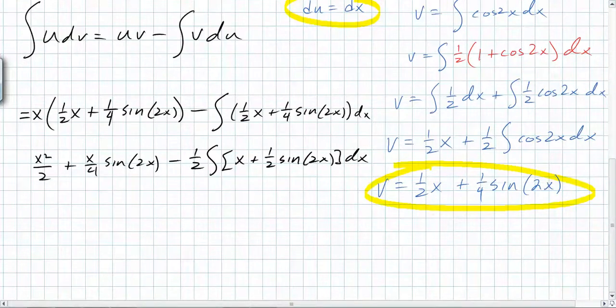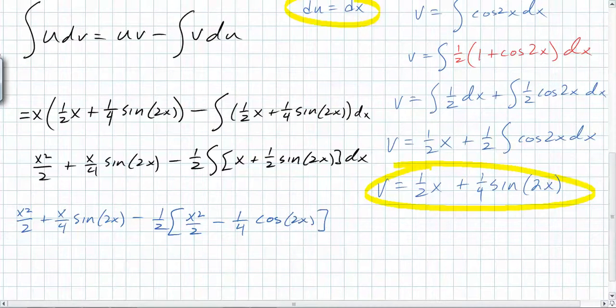So we end up with x squared over 2 plus x over 4 sine of 2x minus 1/2 times x squared over 2 plus, or excuse me, minus what? 1/4 cosine 2x plus c.